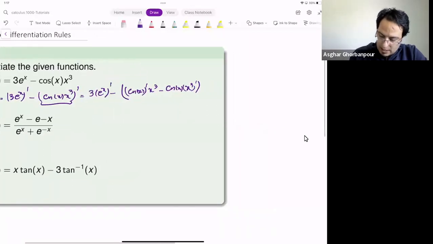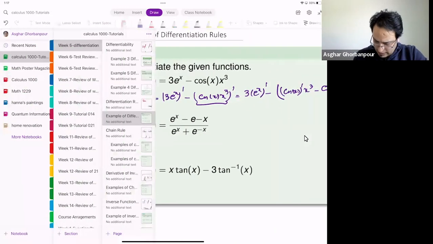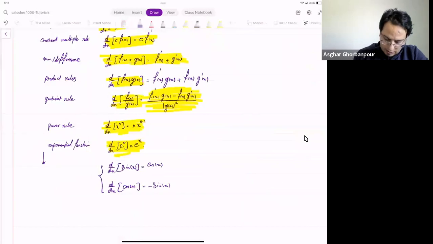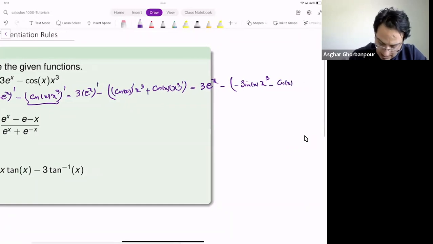The derivative of e to the power x is e to the power x. The derivative of cosine x is negative sine x. Did I write negative correctly there? Yeah, okay, sure. The derivative of cosine x is negative sine x times the second one minus cosine x times, oh, why do I have minus there? The derivative of x cubed is 3x squared.